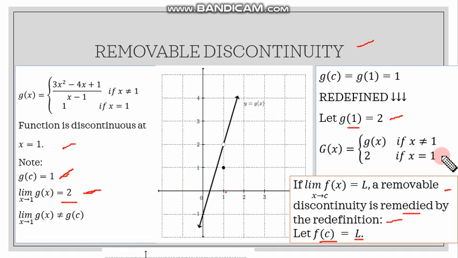So now a redefinition happens. The g of x is equal to g of x if x is not equal to 1, referring to the whole function of g of x, and 2 if x is equal to 1.